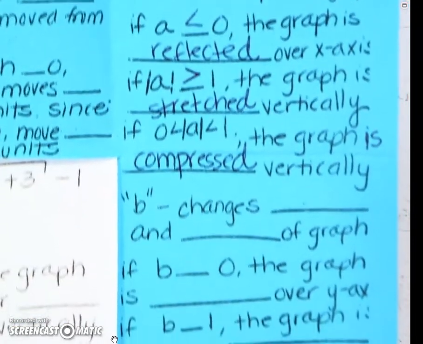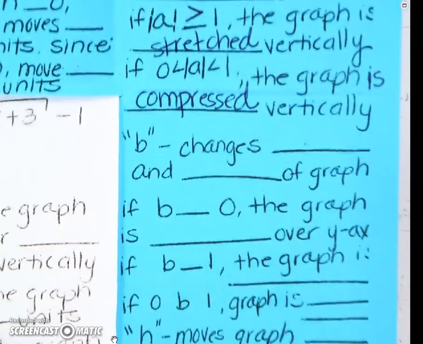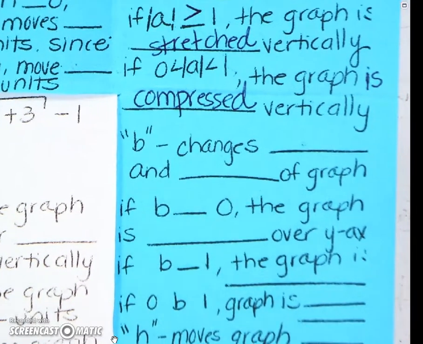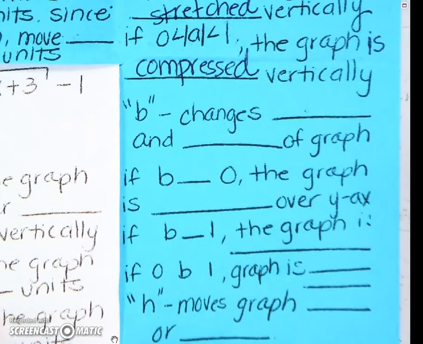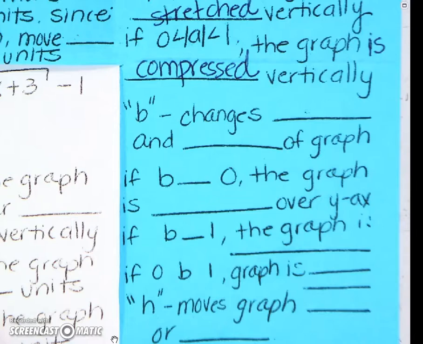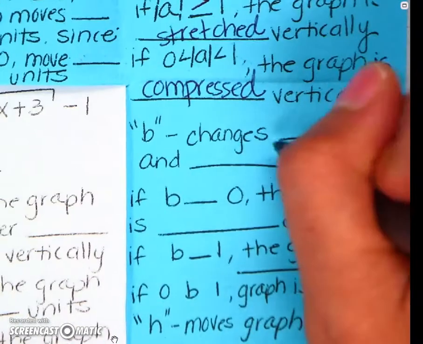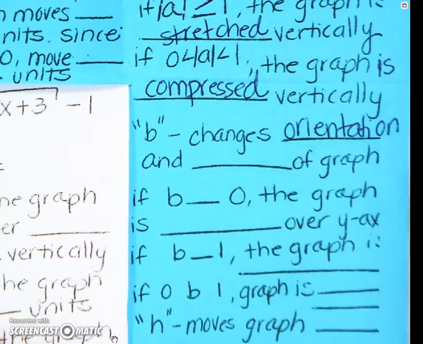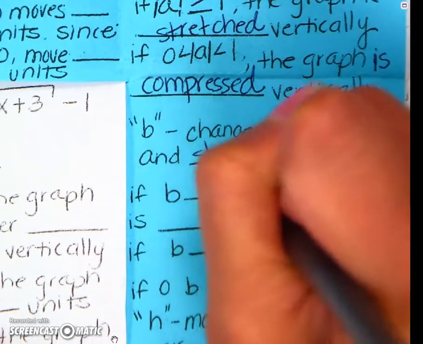Let's go ahead and go up a little bit. b changes orientation and shape of the graph.